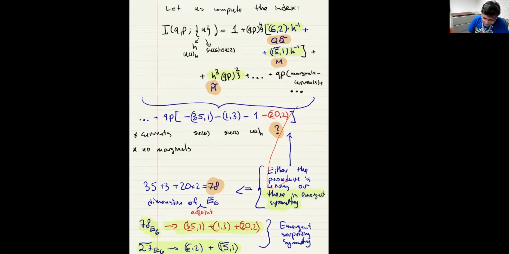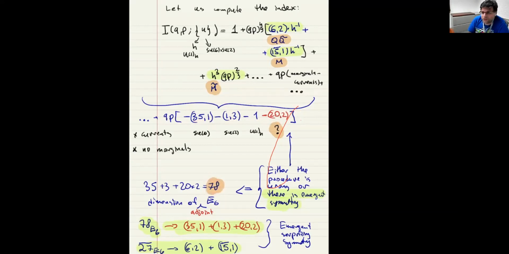Okay, so let us check whether this can happen. So first of all, 35 plus 3 plus 20 times 2, just the number of operators that we see here, and we don't count this U1, is 78.